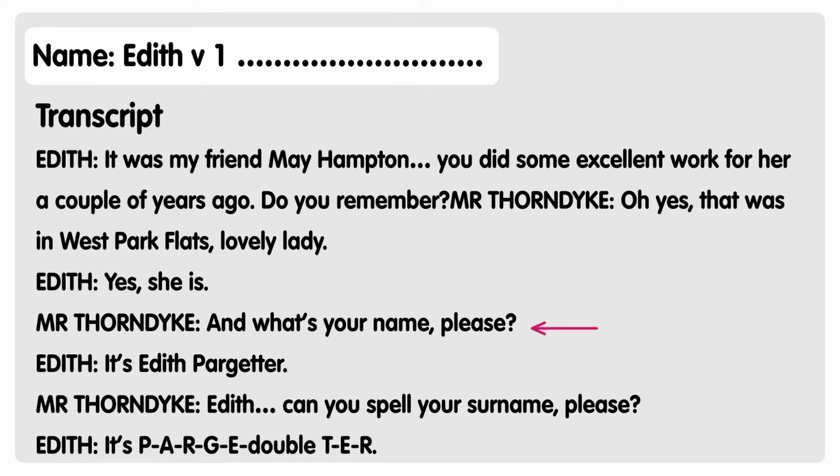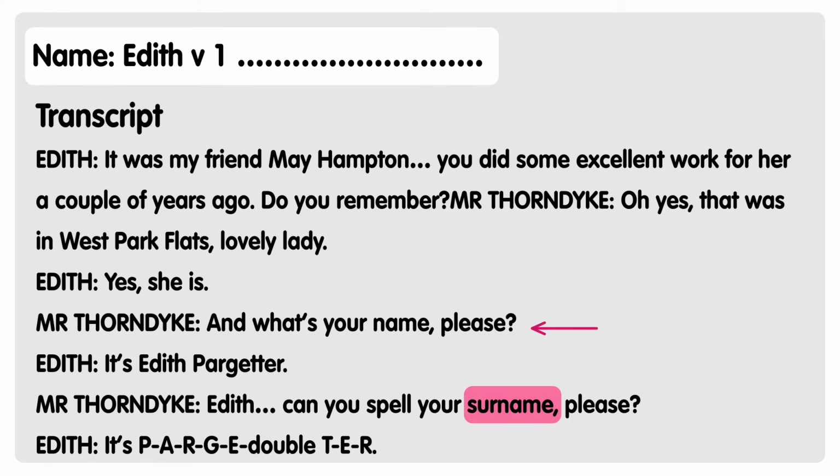So when you hear this, you should be very careful because the last name is going to be spelled. It's Edith Pargeter. All right. Now, the other speaker asks, Edith, can you spell your surname, please? So this surname means that it is the last name. Okay? And Edith says it's P-A-R-G-E.